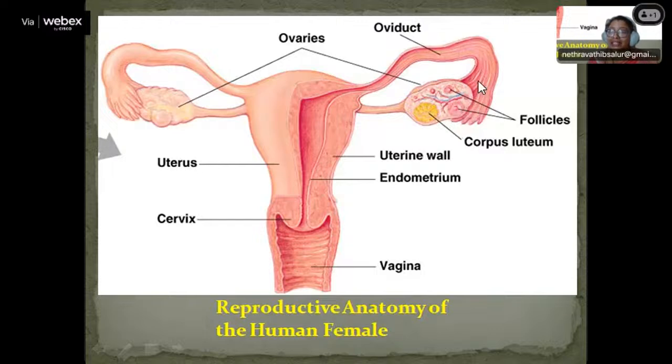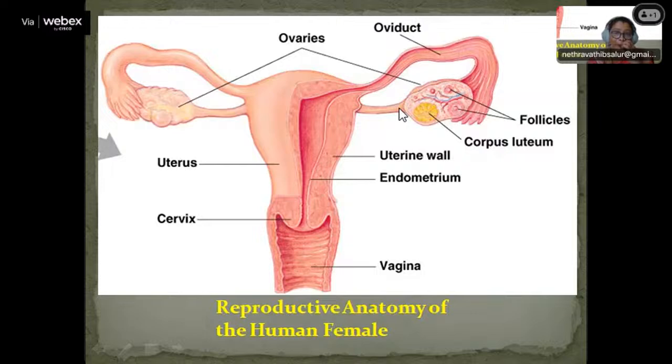The second part is the curved part, called the ampulla, where the fertilization of the egg actually takes place. The next part, the straight tube, is called the isthmus. So, the fallopian tube comprises three parts: the infundibulum, the ampulla, and the isthmus.